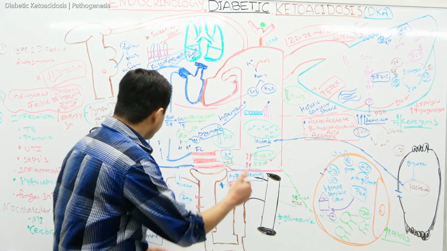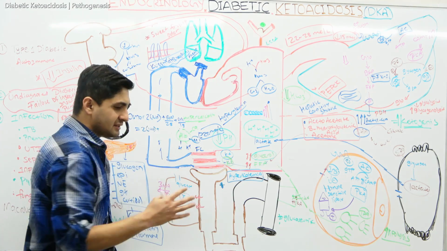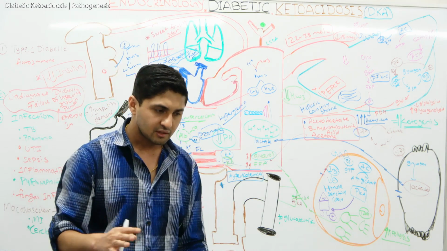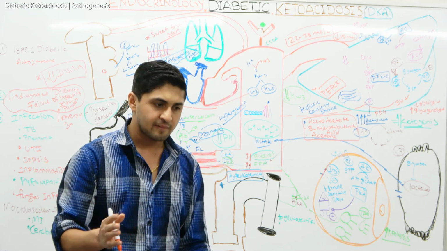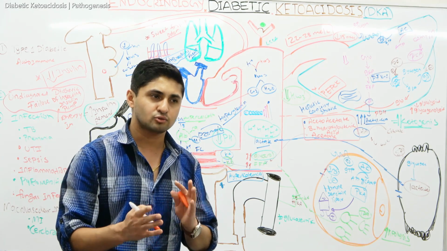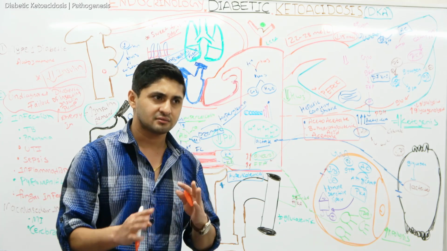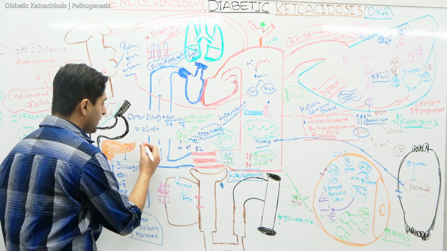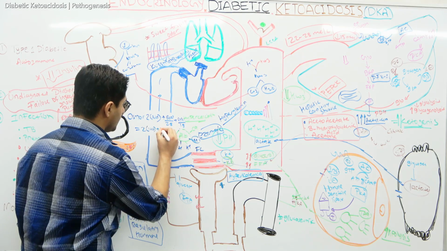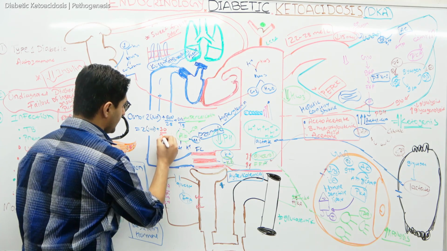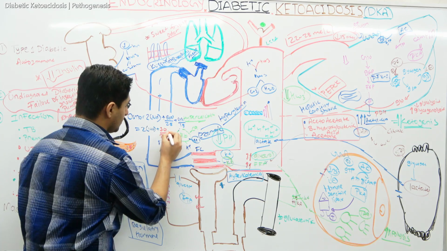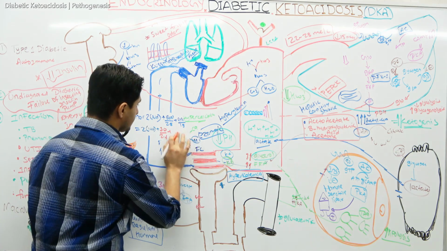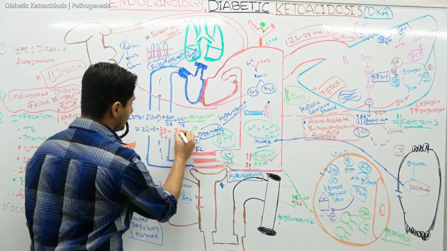So now, let's say this goes up. Different books have different values, but it's about 20, usually less than that, that's normal. But in our case, let's say this went up to 30, and we'll divide it by 2.8, and glucose went up to 350.